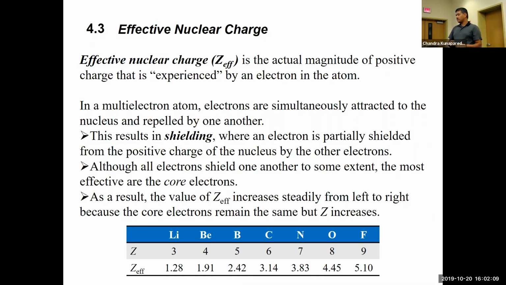But all you need to know is there is a trend in the periodic table for the effective nuclear charge, both from left to right and from top to bottom. For example, from left to right, let me bring the periodic table again.